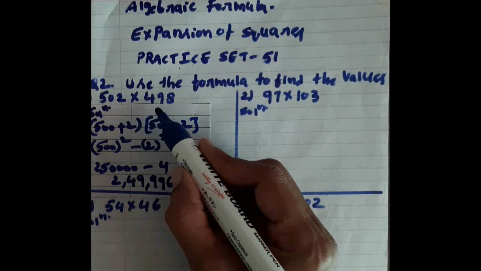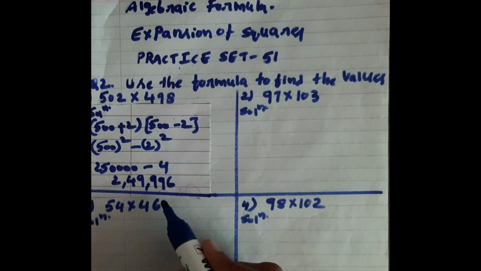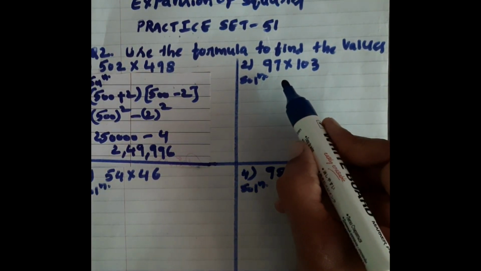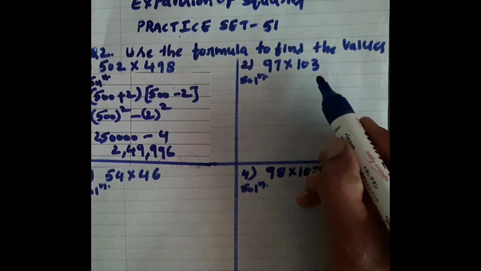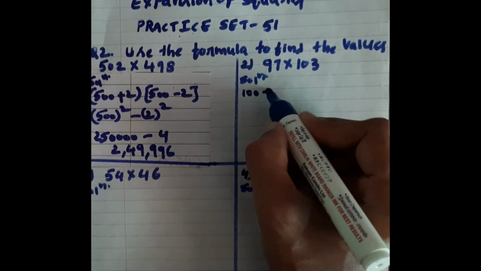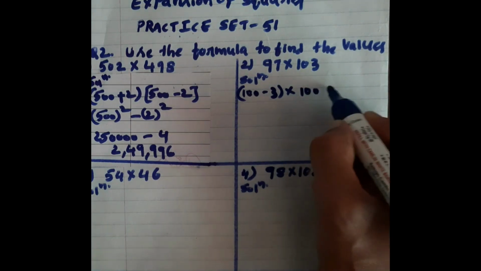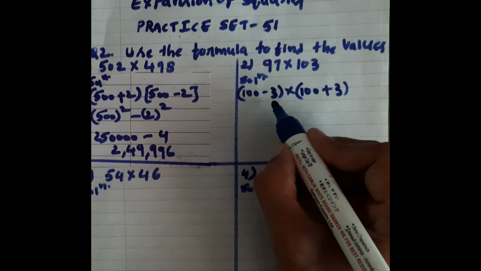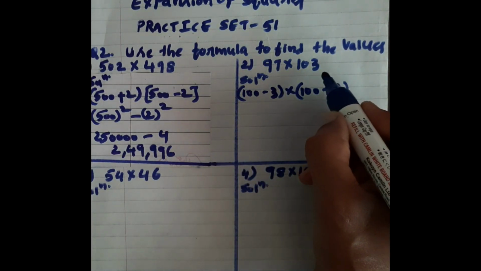502 into 498 value is 2,49,996. Next question, 97 into 103. This we have to write in the binomial form. We will write 100 minus 3 into 100 plus 3. 100 minus 3 means 97, 100 plus 3, 103.